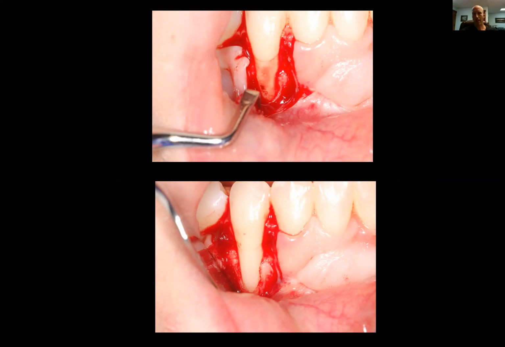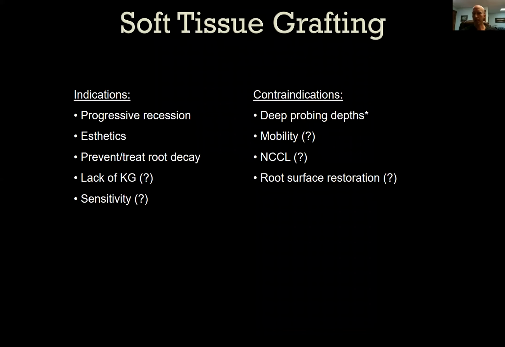We've had a 6-7 millimeter probing depth, some bleeding on probing, and some recession. We flapped that area. Lo and behold, there's some calculus, maybe some food debris that was down there festering over time. We remove that, we do a soft tissue graft, and we're off and running. So deep probing depths, if it's interproximal, no.